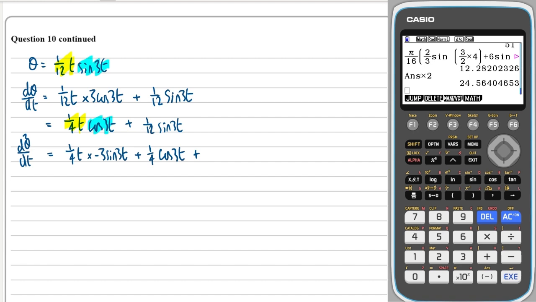Don't need to use the product rule here, that's just going to be 1/4 cos 3t. And I can simplify this to give me -3/4 t sine 3t, and this will be 2/4, which makes a half cos 3t.